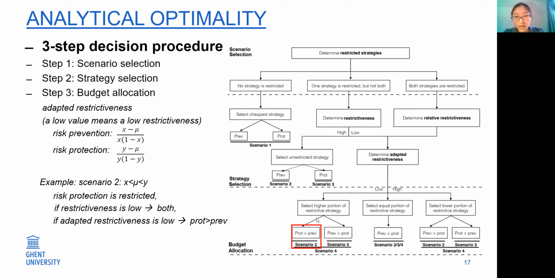Thus, we go to the left direction, which is allocating a higher portion of budget to risk protection and a lower portion of budget to risk prevention. And for the other scenarios and the other restricted strategy, we can also determine the budget by following this decision procedure.